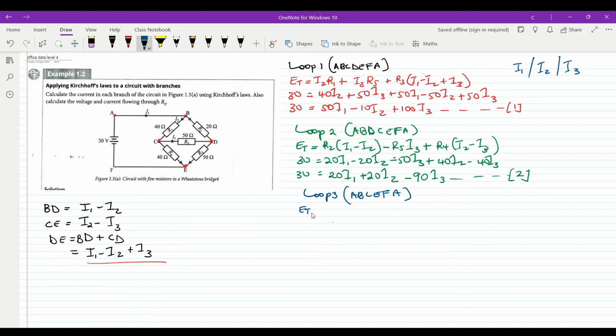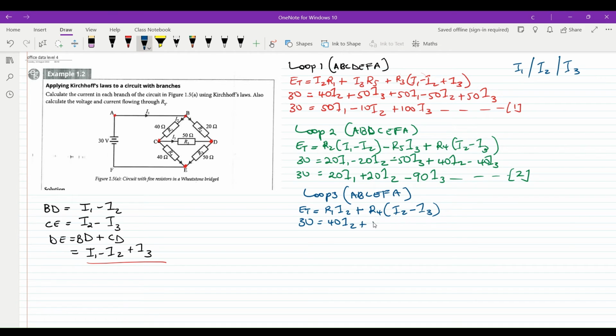We have E equal to point AB, there's nothing there, but BC we do have R1 I2. CE we have R4 into I2 minus I3. Let us substitute in our values. We have 30 volts. R1 is given as 40.